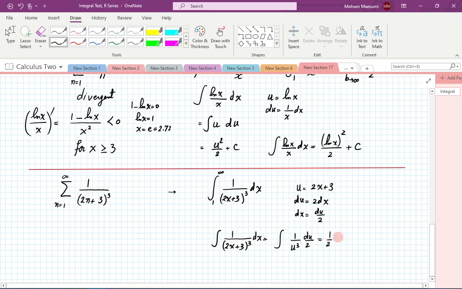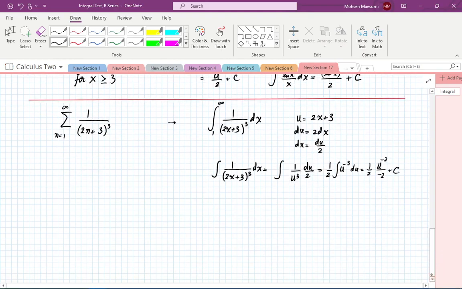So that's 1/2 of the integral of u to the power of minus 3 du. The integral of that is 1/2 times u to the power of minus 2 over minus 2 plus a constant. In short, that is going to be minus 1/4 of u squared plus a constant.